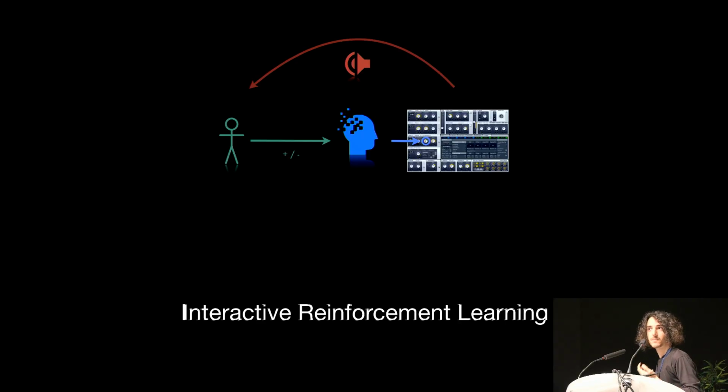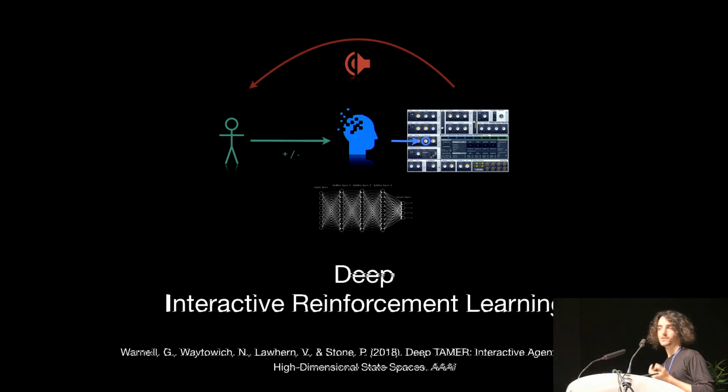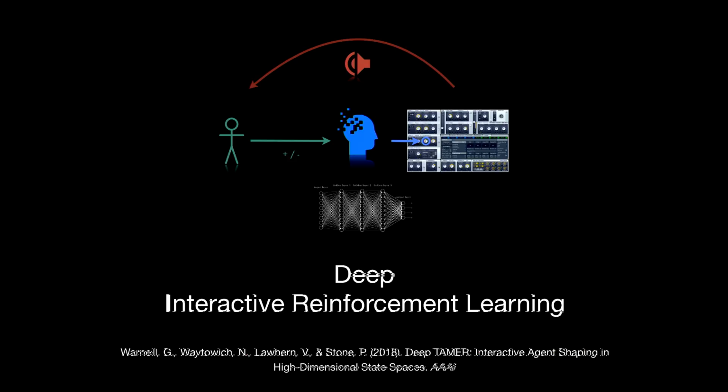As the parameter space of the VST may be very big and the user may not be consistent, we investigated recent advances in deep interactive reinforcement learning. We can talk later about it. It's a recent paper published in the Artificial Intelligence Conference, which is adapted to such a setup in high-dimensional spaces.